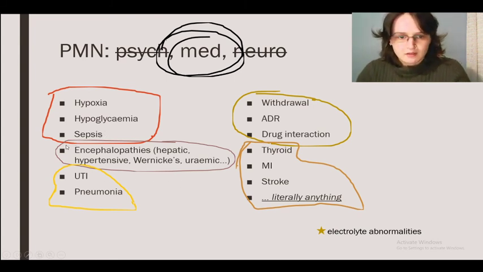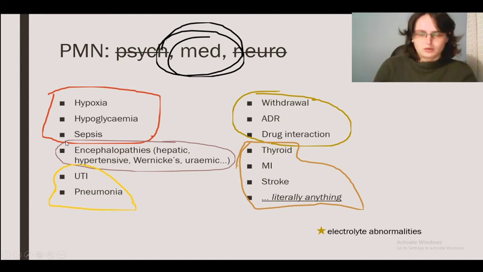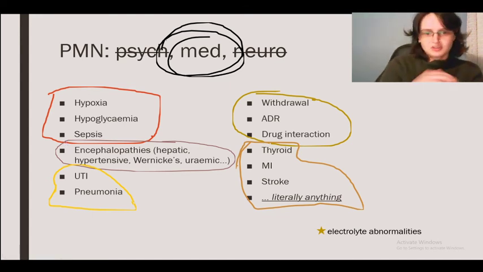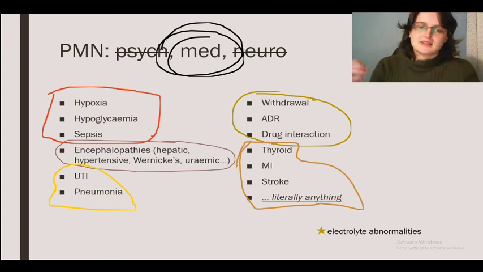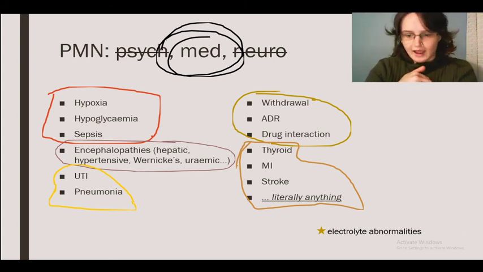Encephalopathies, I'm trying to figure out a good way to explain this. If you have a focal disease, like hepatic encephalopathy, that is a disease of the liver, and because of the physiology of how that works, you've got a build-up of toxins that then affects your brain.